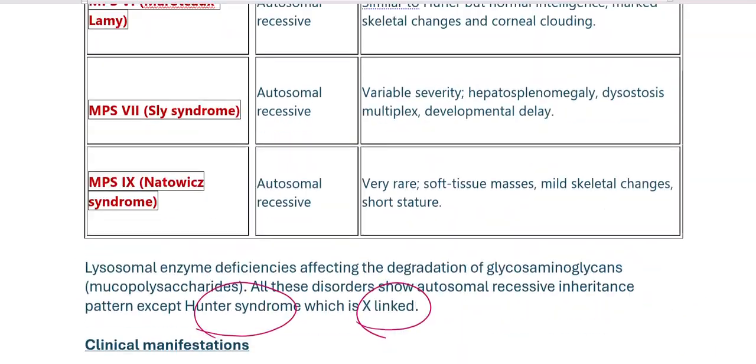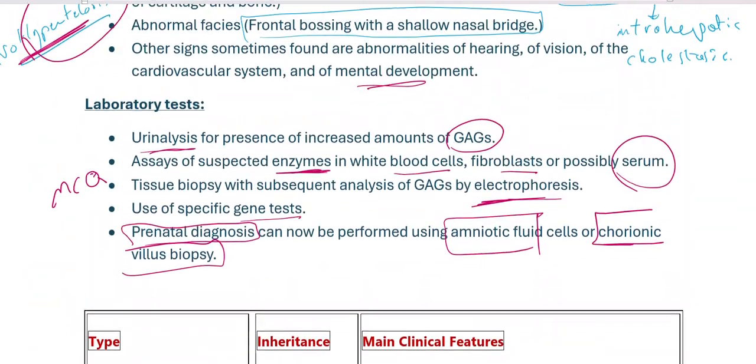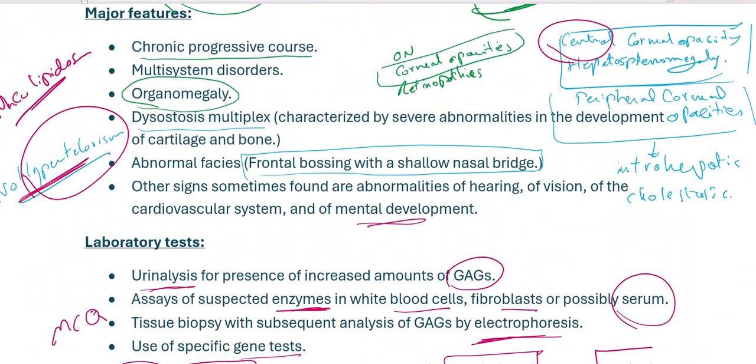Systemic features also include organomegaly and neurosensory hearing loss.